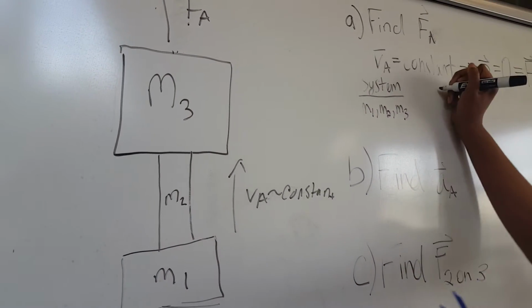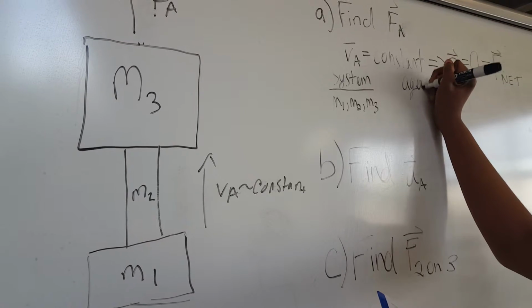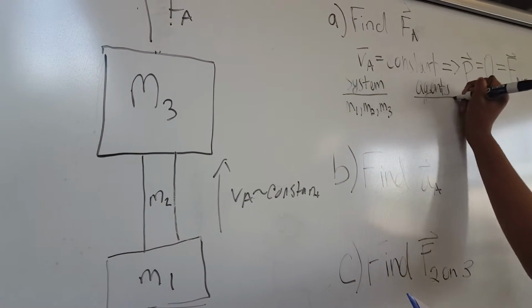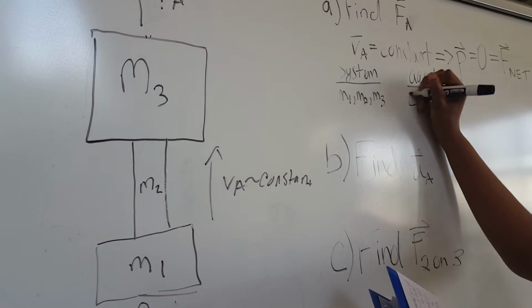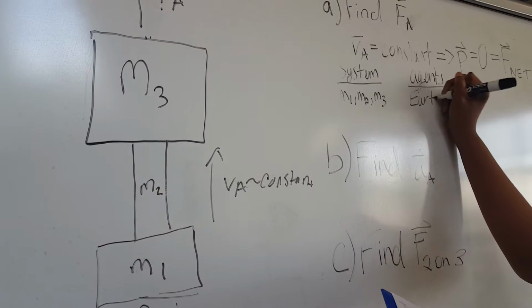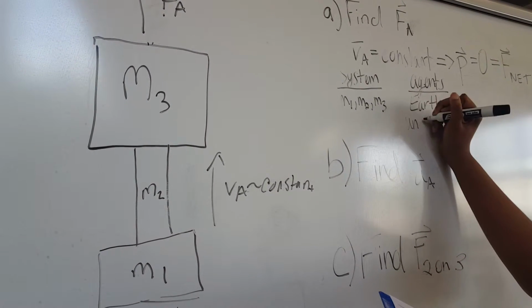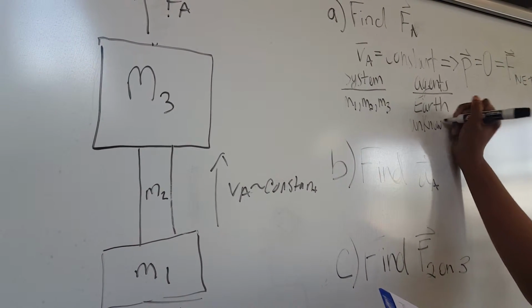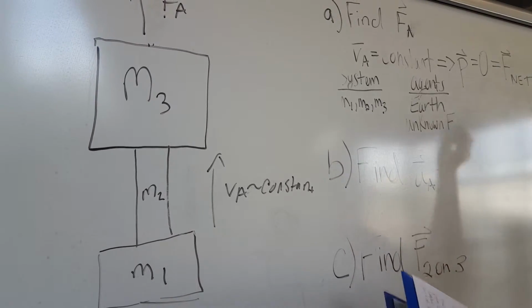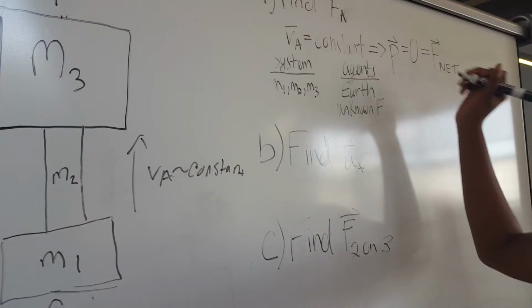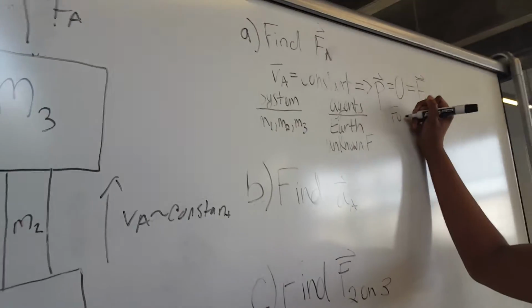And then we'll have to figure out our agents that are acting on the system. So we have Earth and the unknown force. And then based on our agents, we can find the forces that are acting on the system.